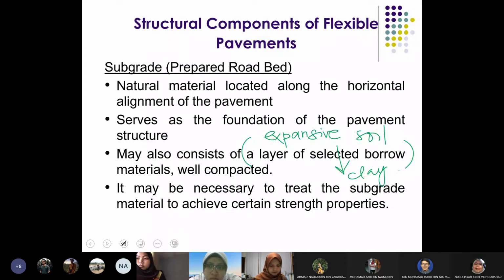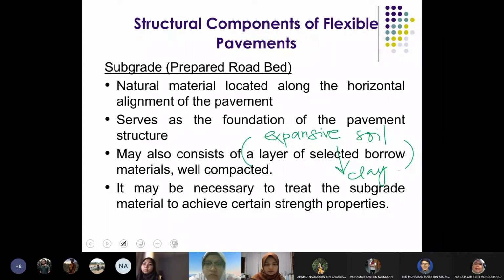Okay, so to overcome the problem of expansive soil, what do they do? JKR usually takes soil from another place, they borrow other material that is well compacted and bring it to the site. When this happens, it takes up most of the budget in terms of economy. It is less efficient, right?